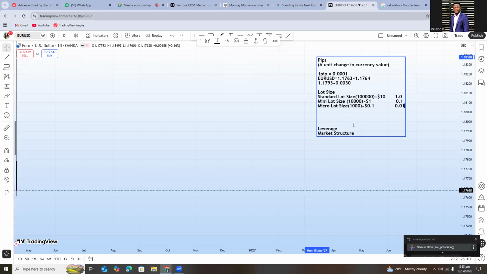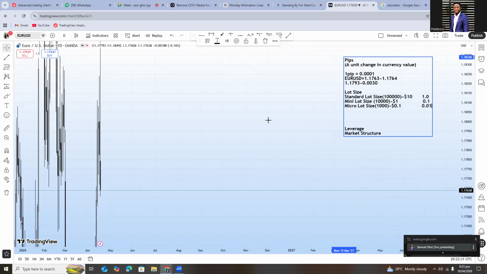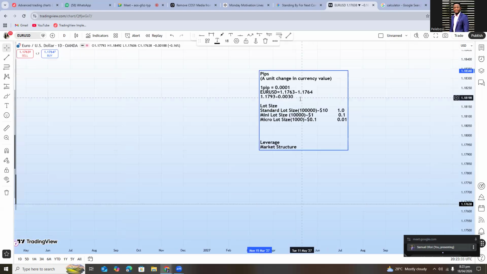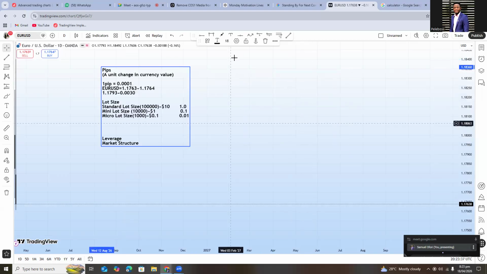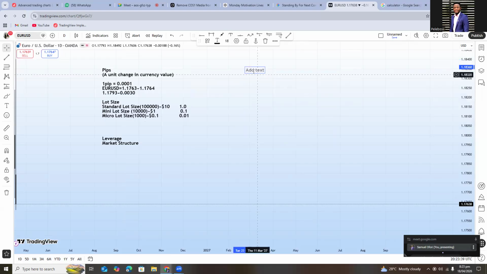All right. Now let's talk about leverage. Okay. Let's talk about leverage. And I want to open a new working space for that. Okay. So leverage. Yesterday I mentioned leverage, but today we want to look at it in detail.